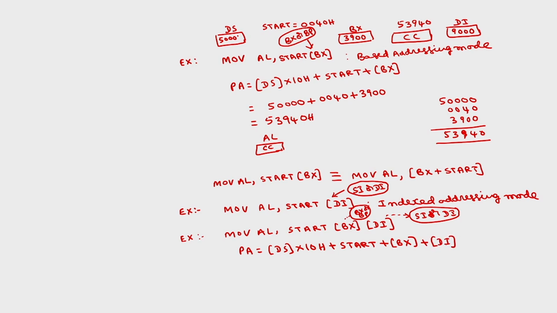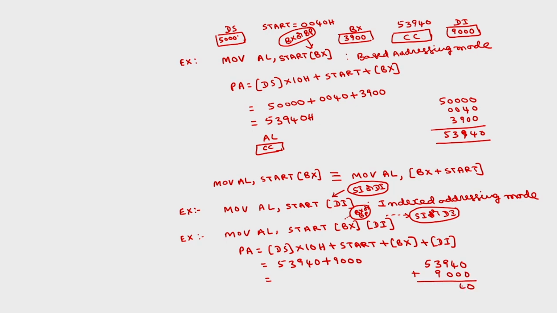Up to this we have already computed, which is 53940H. The only extra additional term is the DI content, which is 9000. So, this becomes 53940 plus 9000.